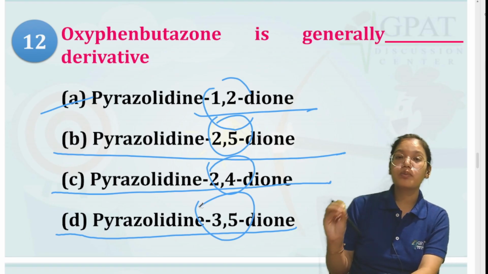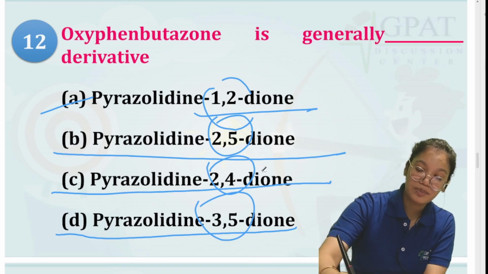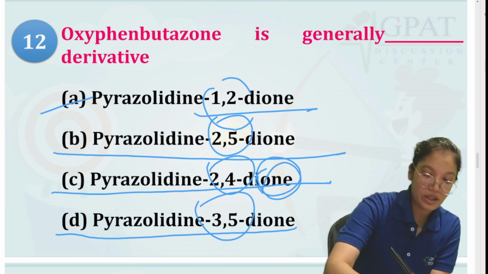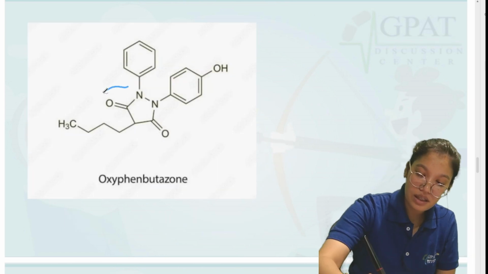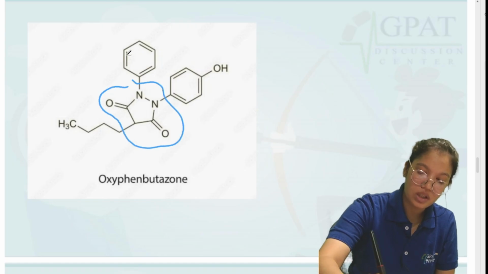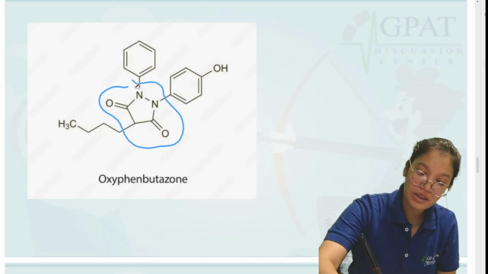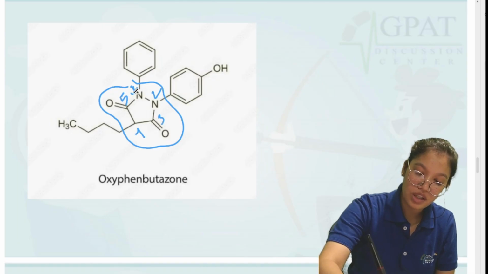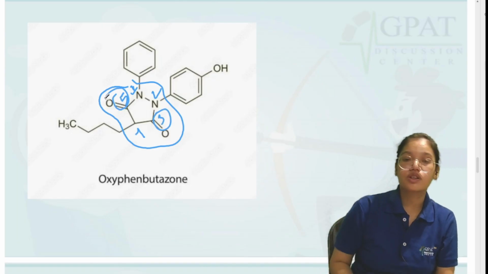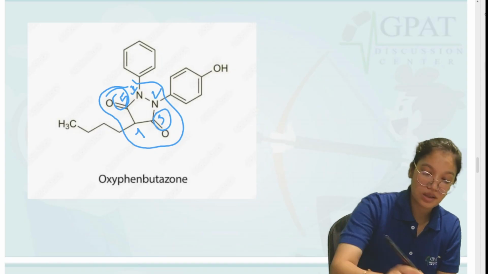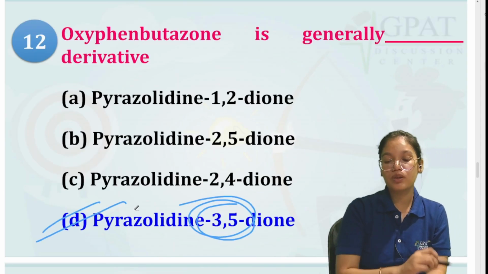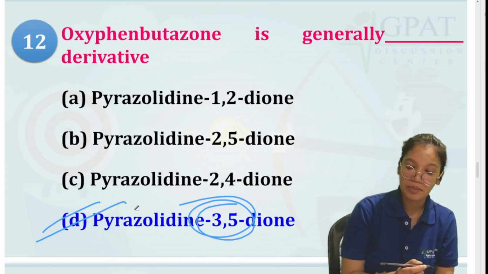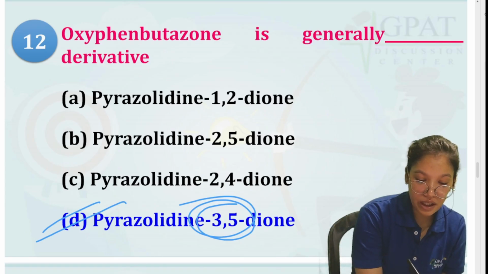Let me show you the structure first. This is the oxyphenbutazone and this here is the pyrazolidine. Let's number 1, 2, 3, 4, 5. At the third and fifth position we have the diones. So the D option is correct. That is, at 3 and 5 position we have the diones in the pyrazolidine.